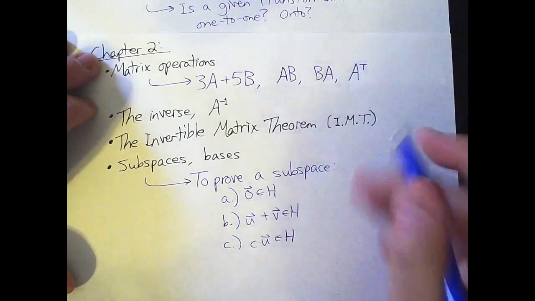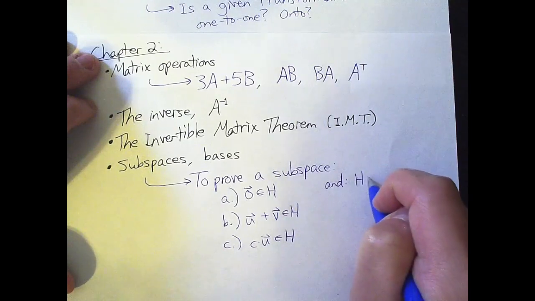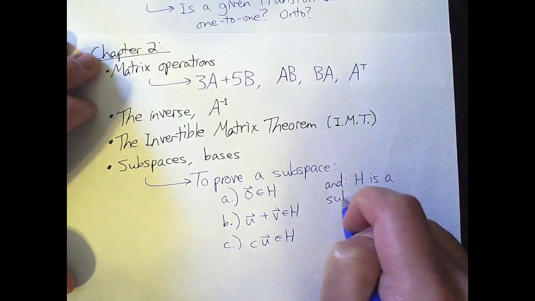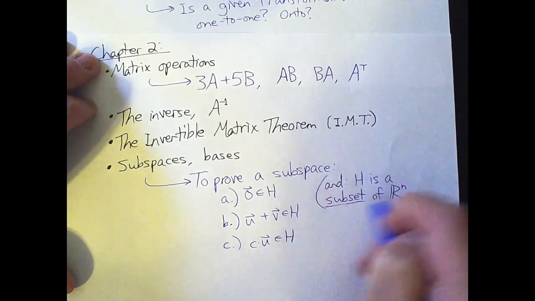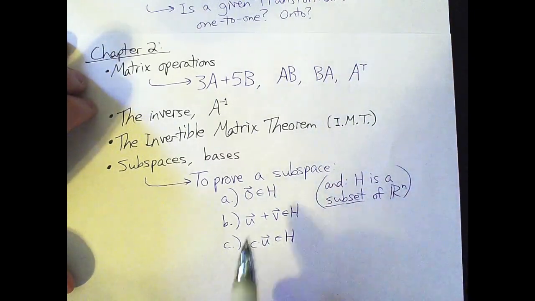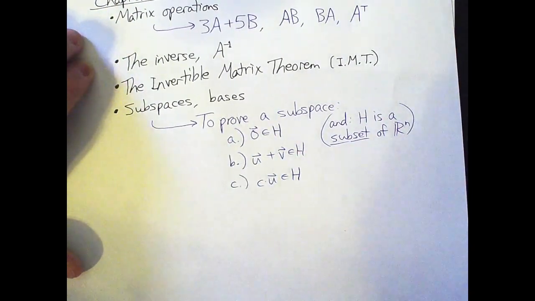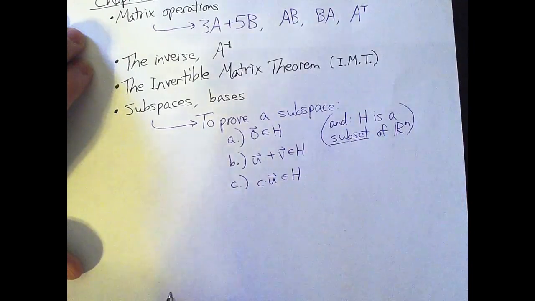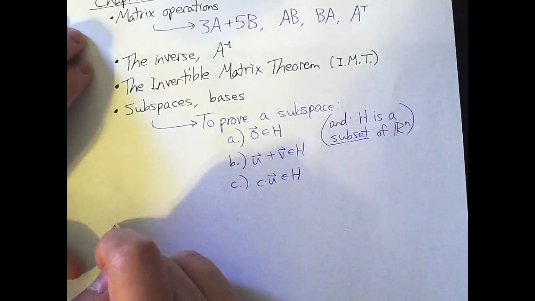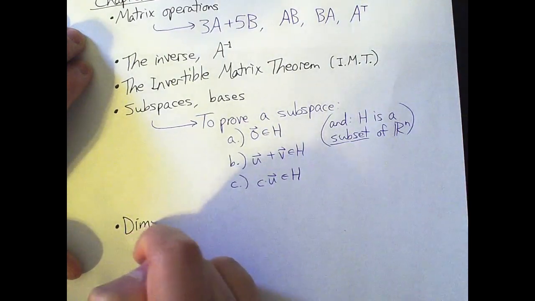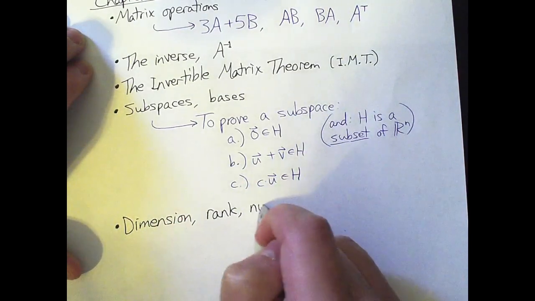Oh, and also H has to be a subset of Rn. The definition of subspace started off by saying if H is a subset of Rn and it has these 3 conditions, then it is a subspace. Speaking of subspaces and bases, that led us to talking about dimension, rank, and nullity.